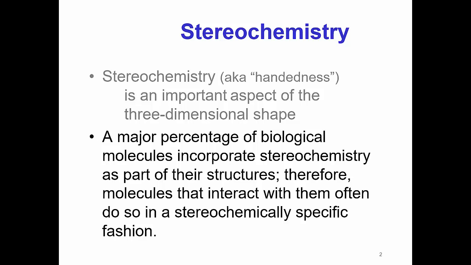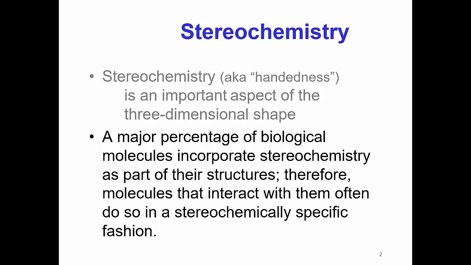So if we consider biological molecules, they usually have stereochemistry incorporated in their structures. If you remember from biochemistry, all amino acids are L-amino acids, and we'll talk about what that means. But that means that they have this feature that a mirror image of them will not be identical to that particular molecule.